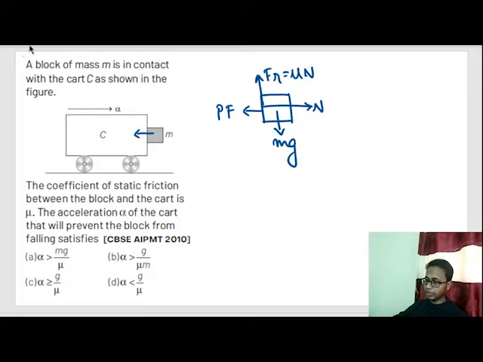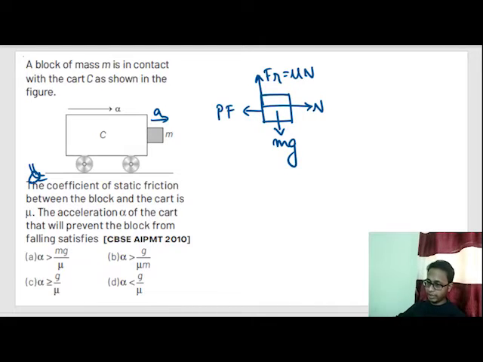If you keep the observer here only, then this normal reaction force is caused by the acceleration of this block. This person here will see this block accelerating, and this normal force will be equal to m into a.